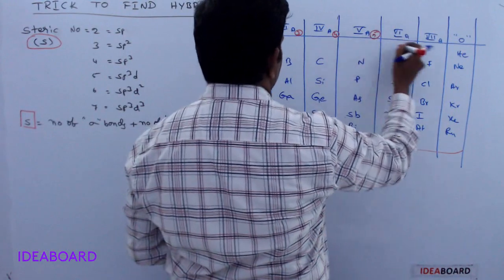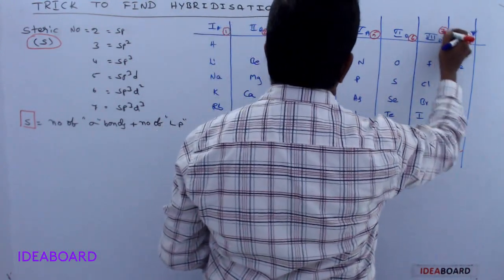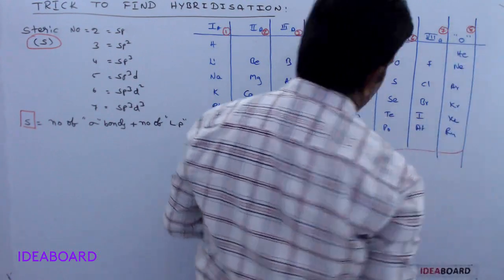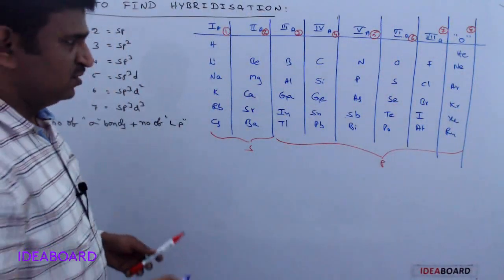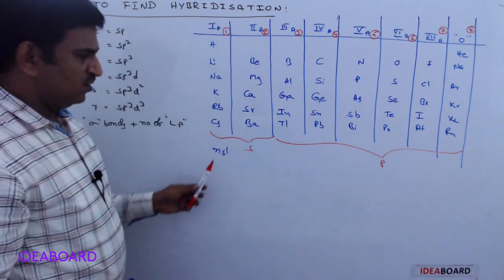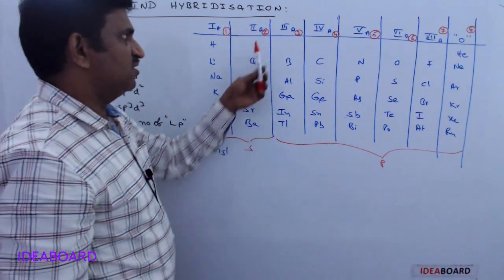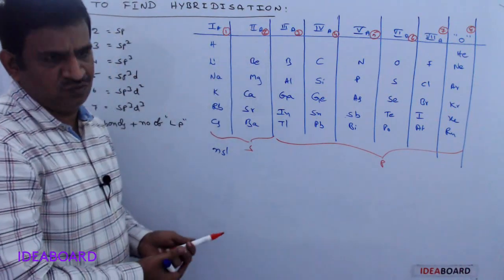How can we say the valency? You can simply learn it, or go through the valence shell electronic configuration. For the first A group elements, the configuration is ns1, so 1 electron is present. Here it is ns2, the maximum number of electrons in the valence shell is 2.